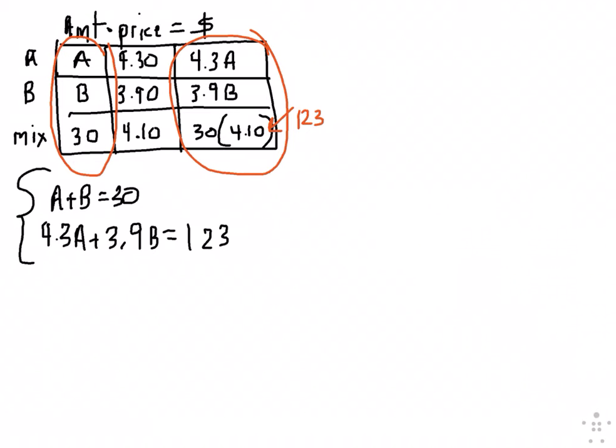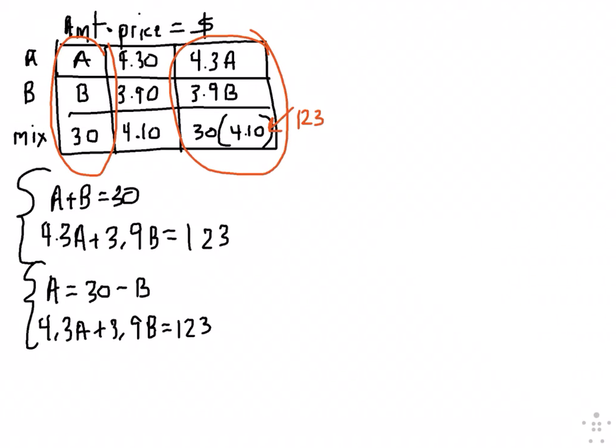So again, I'm going to use substitution. So I'll solve the top one for A, and I get A equals 30 minus B. And the second one is 4.3A plus 3.9B equals 123. Notice I always keep the systems together. If I change one equation, I leave it with the other, just so I always have the system.